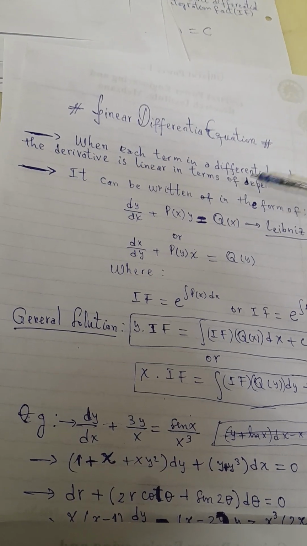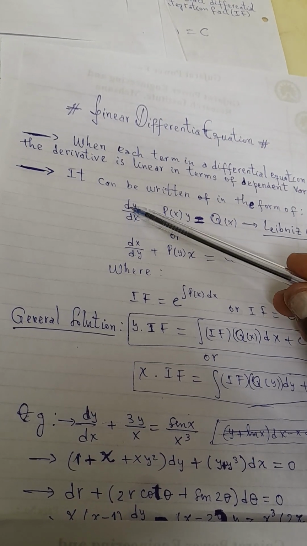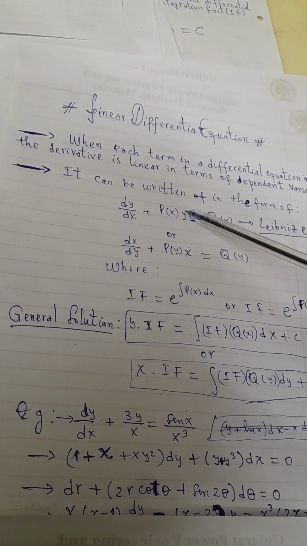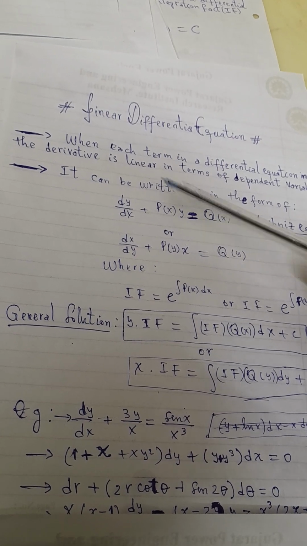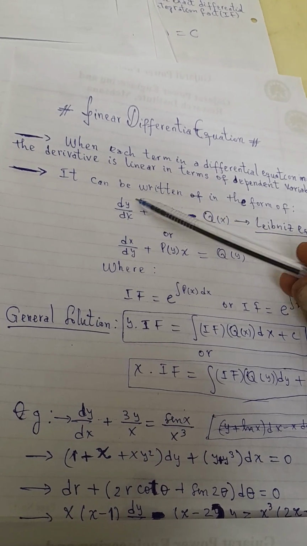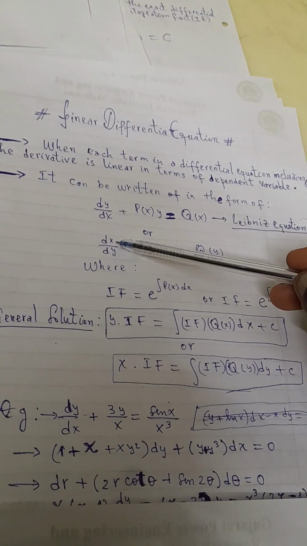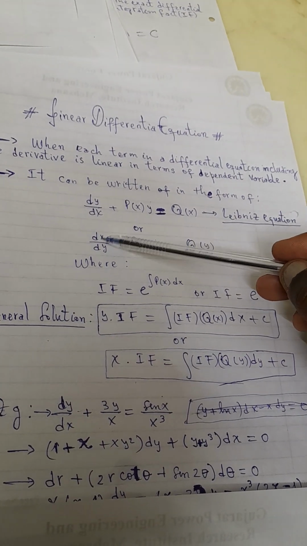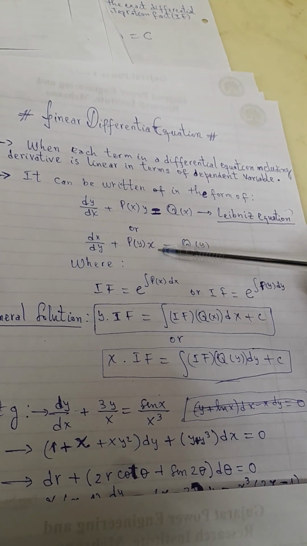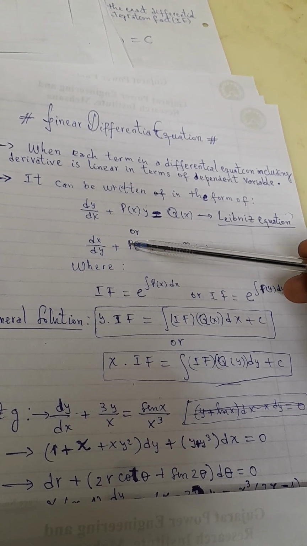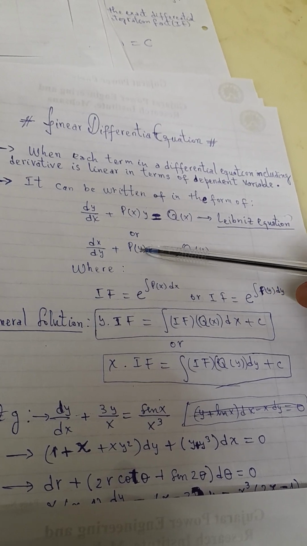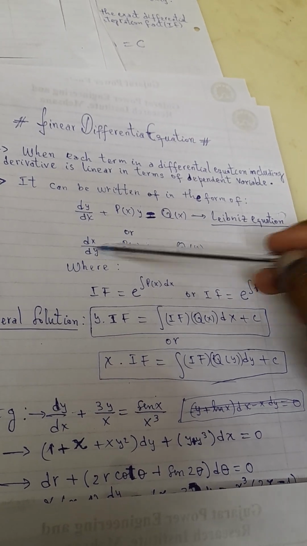To find our linear derivative, we have to see if we have dy and y linear. If we have dy and y linear, then we can reduce it in this way. But if we have dx and x linear, and the other coefficient is a polynomial of y only, we can write it in this way.